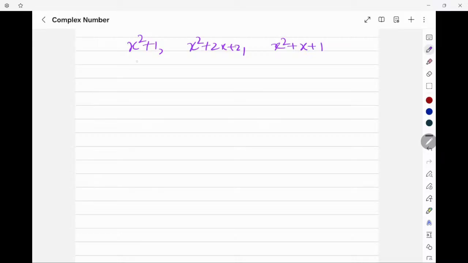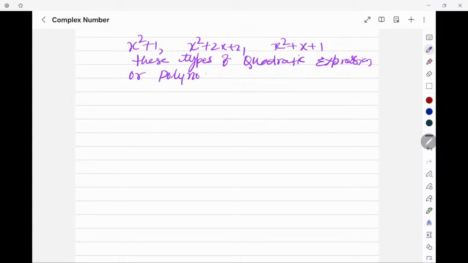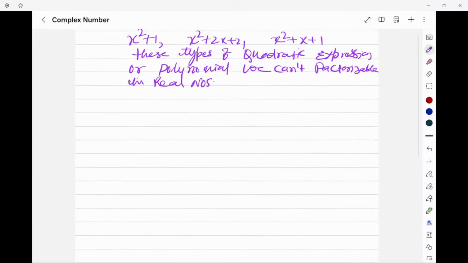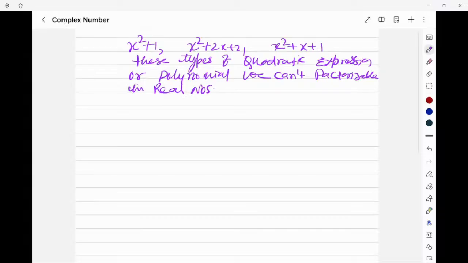These types of quadratic expressions or polynomials we can't factorize in real numbers. So the first mathematician who introduced it was Friedrich Gauss.